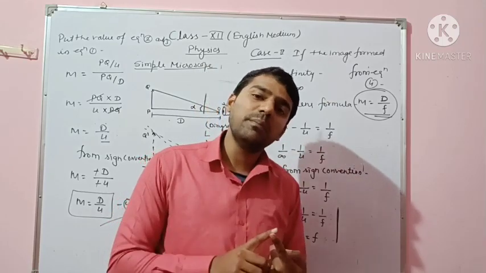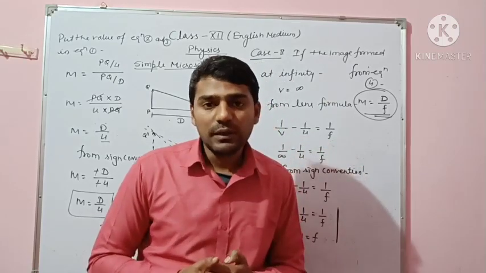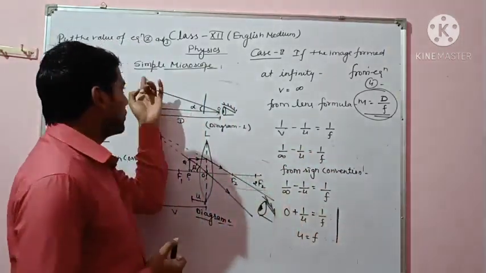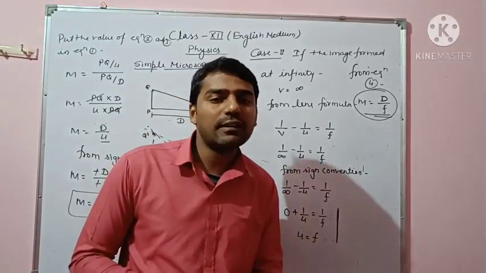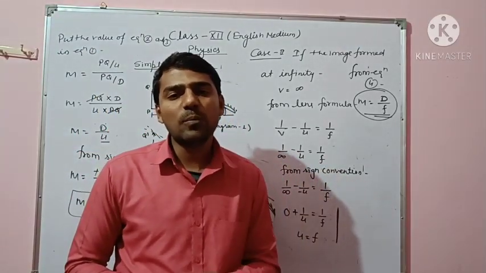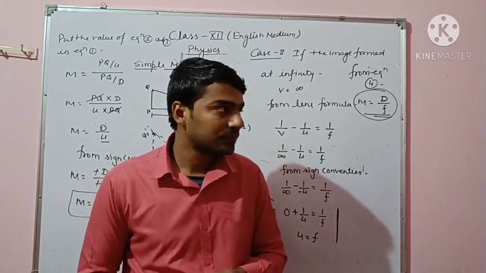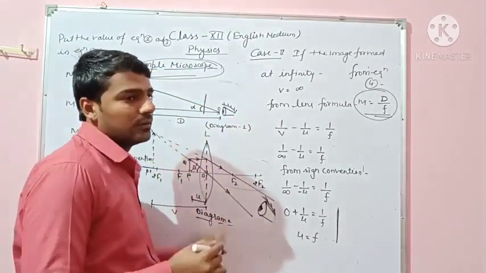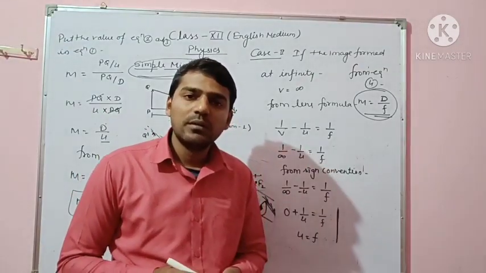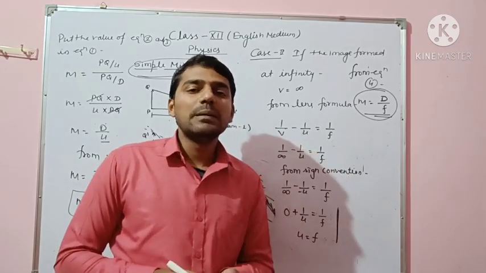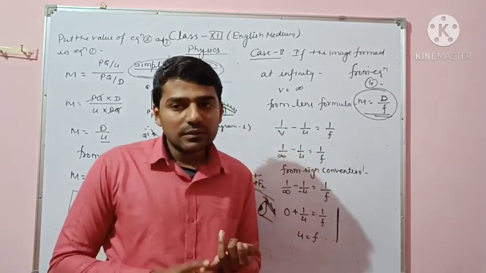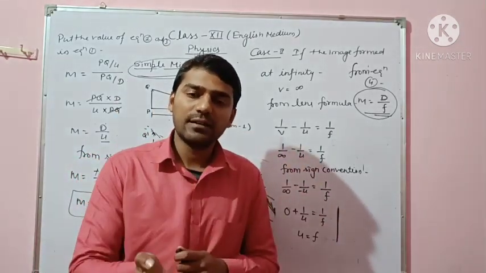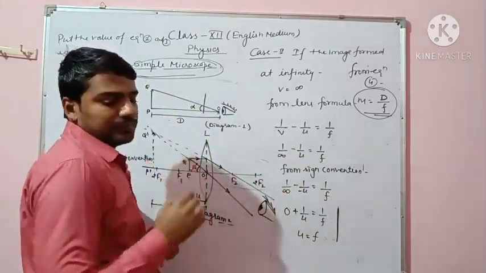What is the difference between simple microscope and compound microscope? If one lens is used in a microscope, it is called a simple microscope. If more than one lens is used in a microscope, it is called a compound microscope. Why use a compound microscope in place of a simple microscope? Because the image formed by a compound microscope is much more magnified than that of a simple microscope.